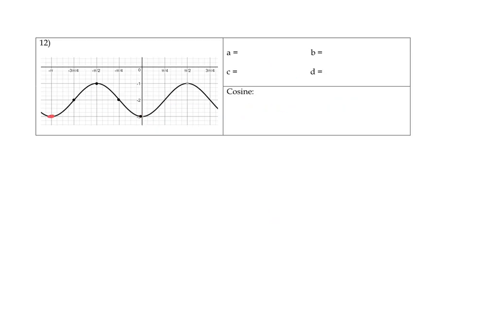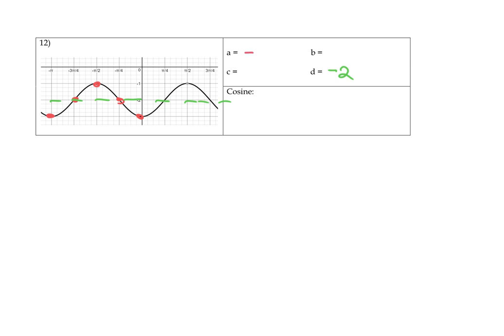Here are my 5. 1, 2, 3, 4, 5. I can see that this is a cosine graph. And there's my midline. I went down 2. Then I see that I'm cosine and I'm starting low, so I can't forget the negative.